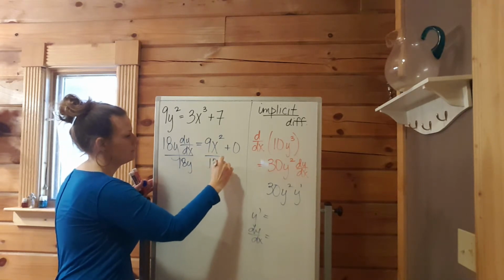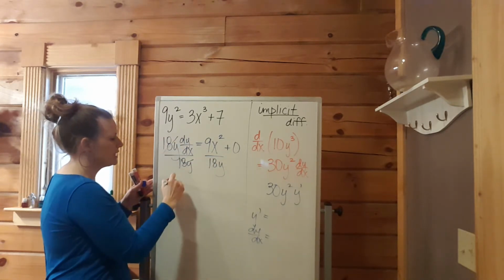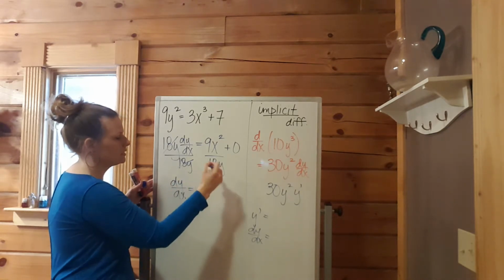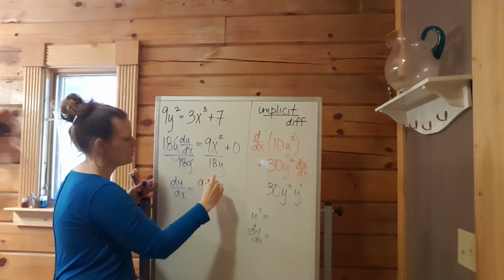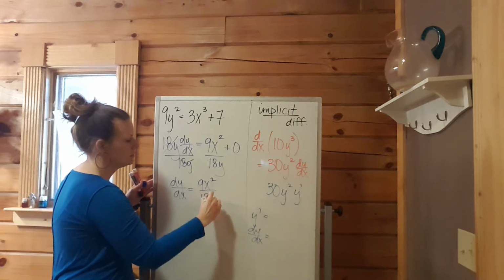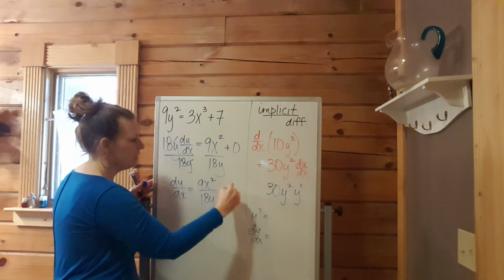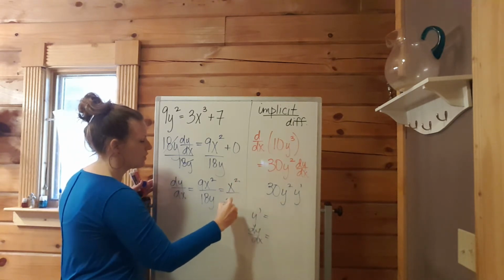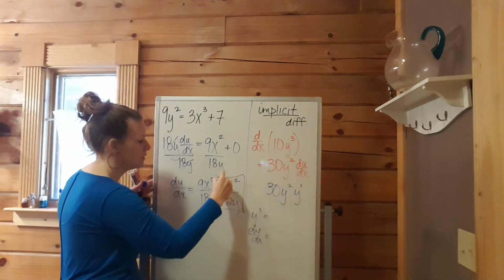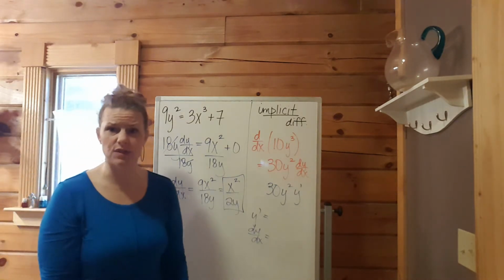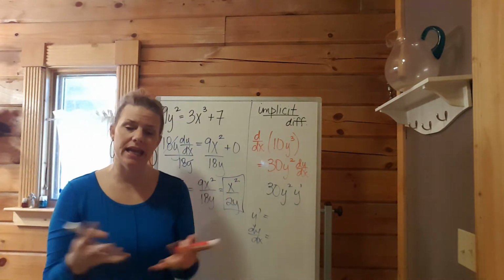So that cancels there, and we have dy over dx equals 9x squared over 18y. Obviously, you can reduce that if you need to. x squared over 2y would be your derivative. So that's implicit differentiation in a nutshell.